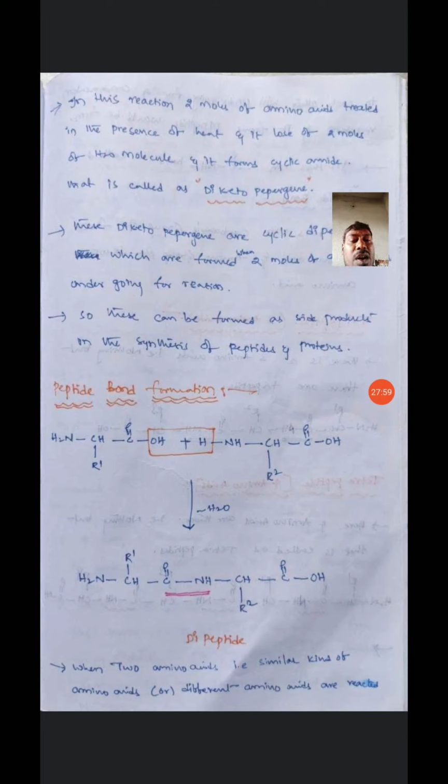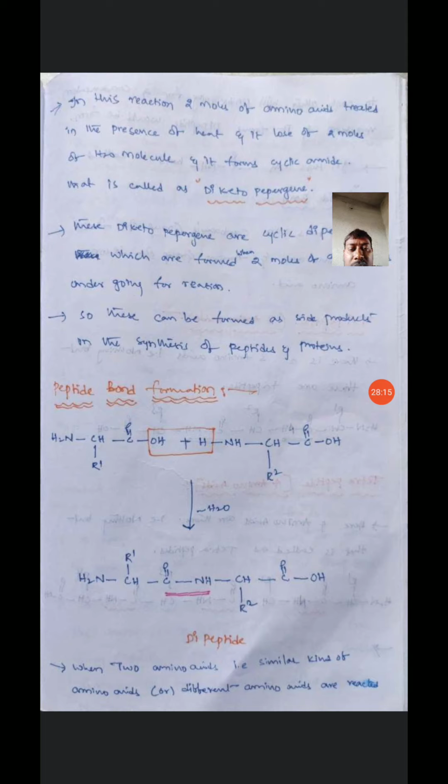These can be formed as side products in the synthesis of peptides and proteins. So this is diketopiperazine.